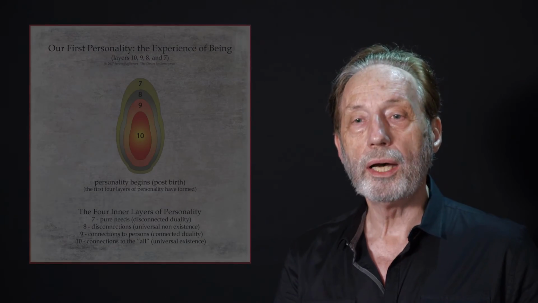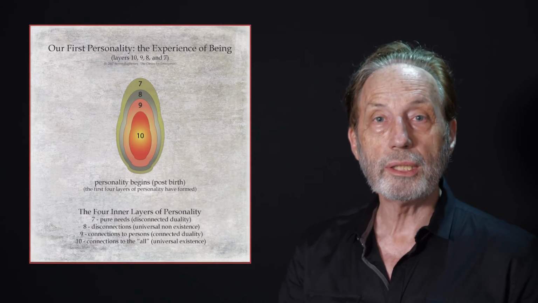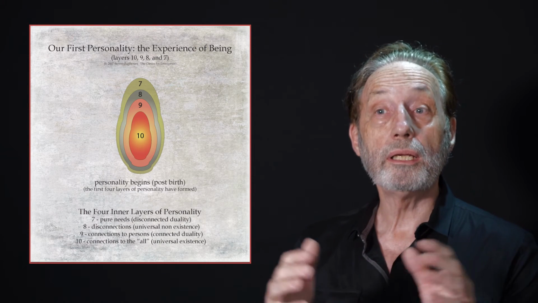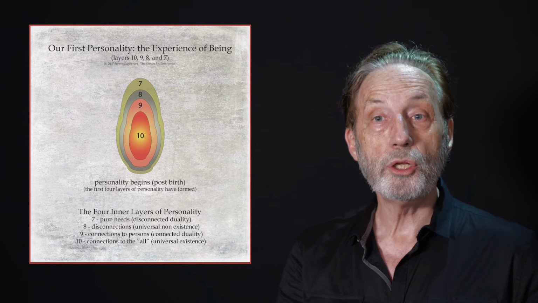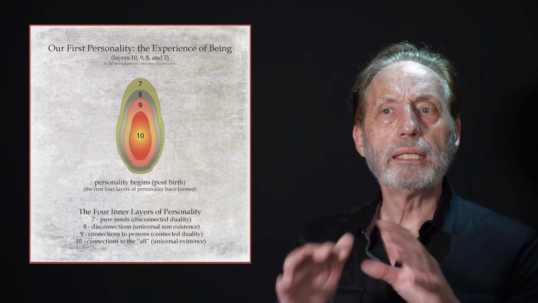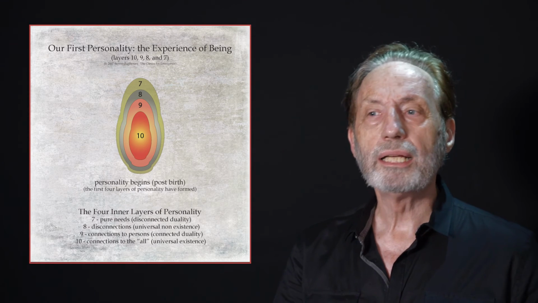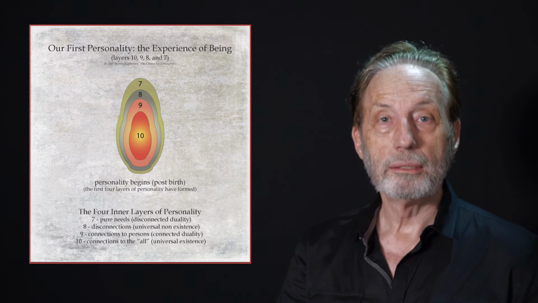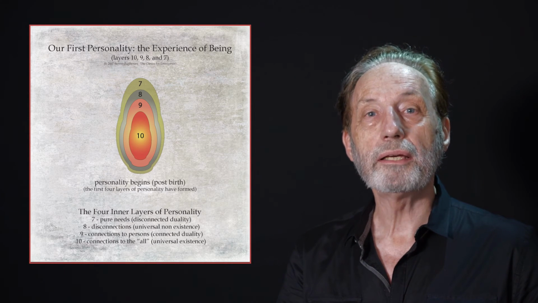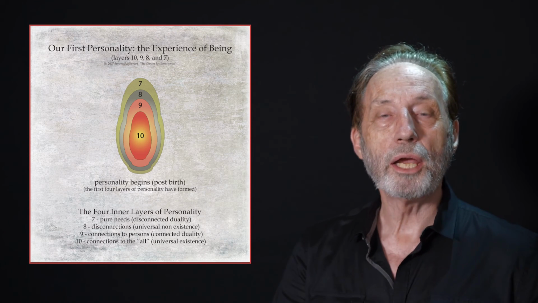Okay, so layer 10 is everything is in one place. This is the person. And layer 9 is everything is the pattern between two places, between you and another being. Layer 8 is like the opposite of layer 10. Layer 8 is that nothing exists. Everything is nothing. Whereas everything is within the dot, in layer 8 there's nothing.